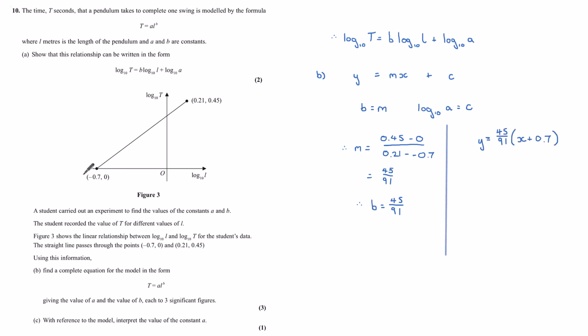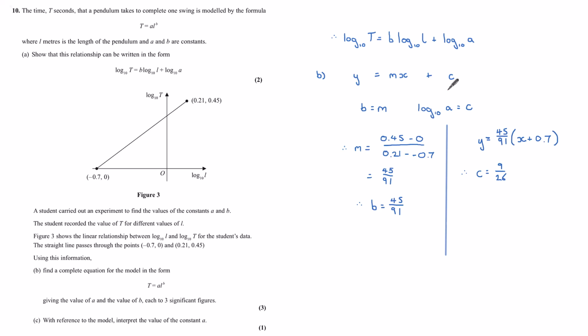So given this coordinate and the gradient of this line, I can write the full line equation of y is equal to 45 over 91 lots of x plus 0.7. This allows me to find the c value. C is going to be equal to 45 over 91 multiplied by 0.7, which is 9/26.